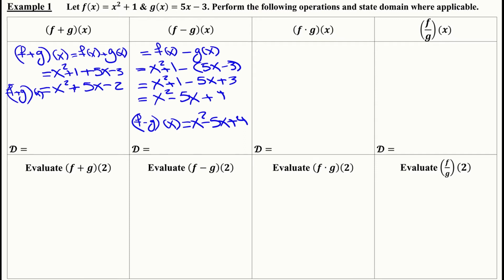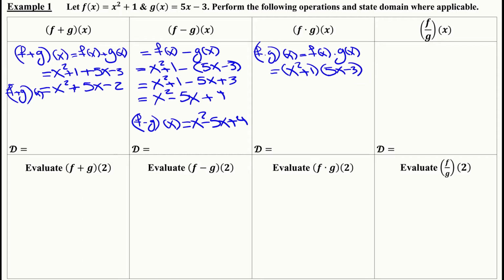Now for f times g of x, by definition we know that f times g of x is going to be f of x times g of x. Now we know that f of x is x squared plus 1 and g of x is 5x minus 3.